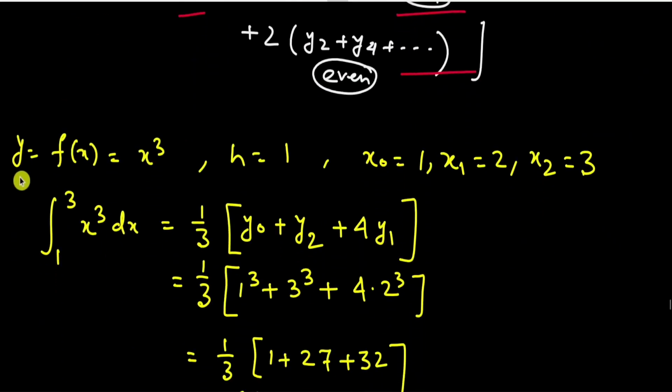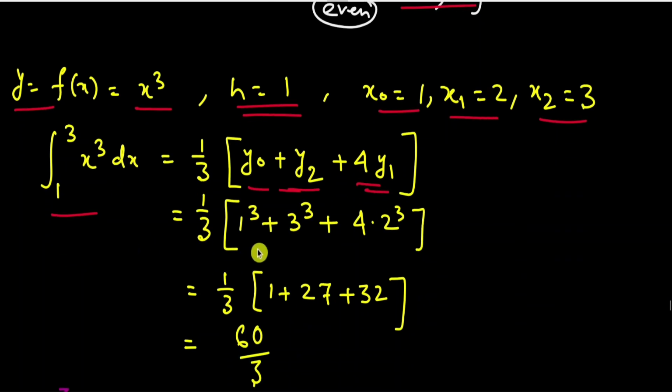So first, y equal to f(x) equal to x cube. Let us take h equal to 1, then x0 equal to 1, x1 equal to 2 and x2 equal to 3. Now integration 1 to 3 x cube dx equals 1 by 3 into (y0 plus y2, that is the last term, and here we have only one odd term, therefore 4 into y1). Here y0 means y at x0, y1 means y at x1 and y2 means y at x2.